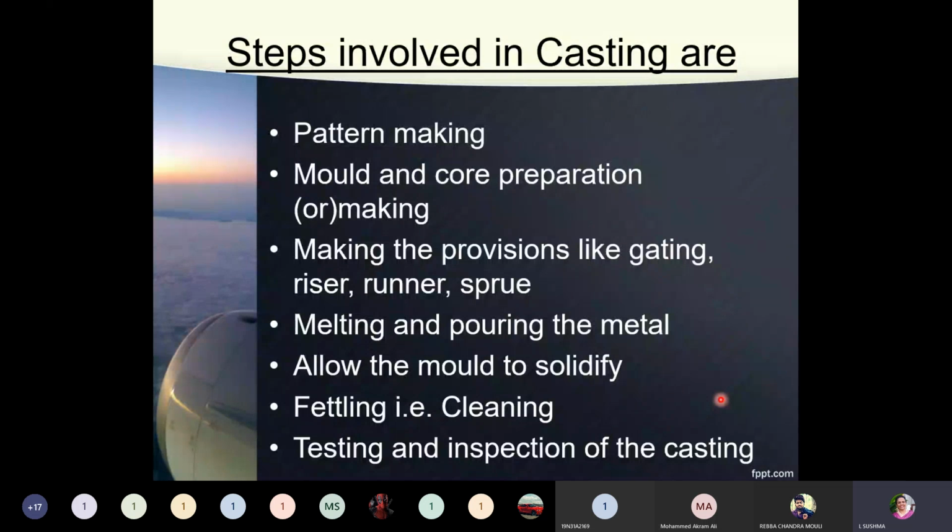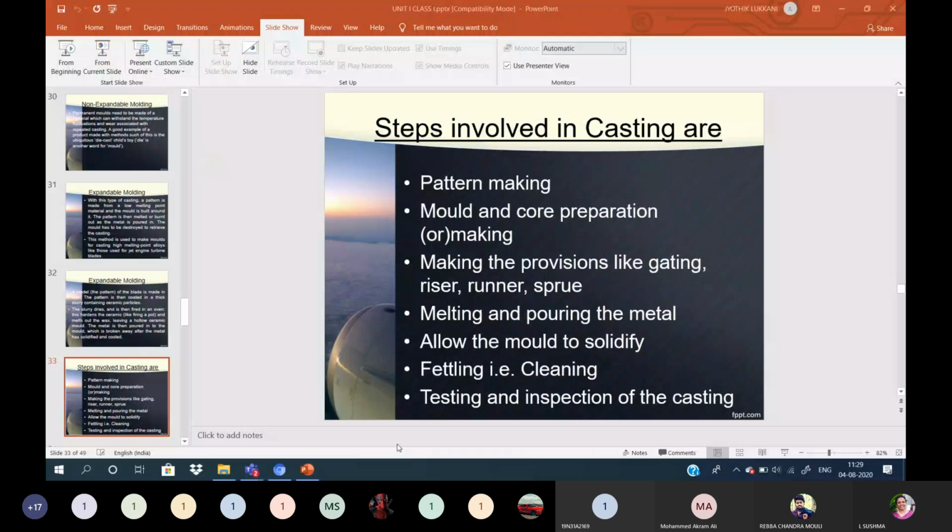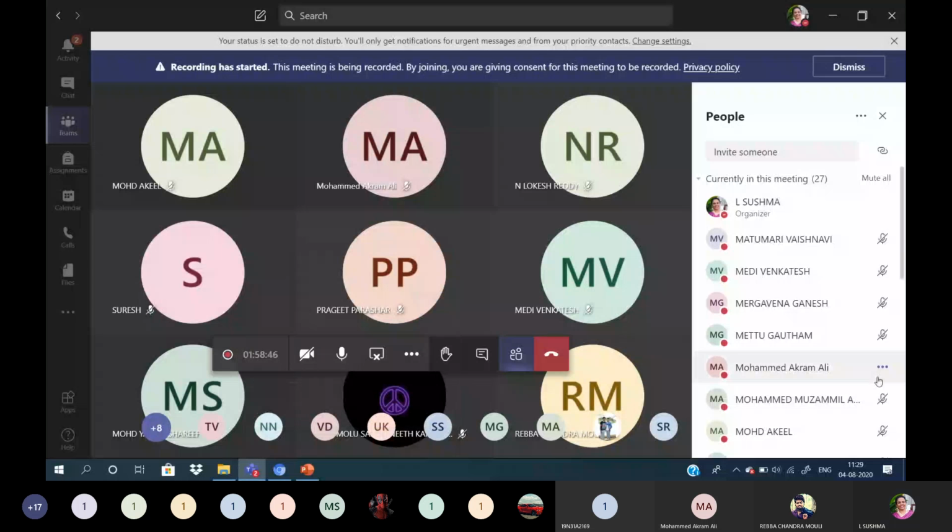One minute. Now I request Vaishnavi. Vaishnavi, are you there? Yes, ma'am. You just tell me what's the difference between expandable and non-expandable.